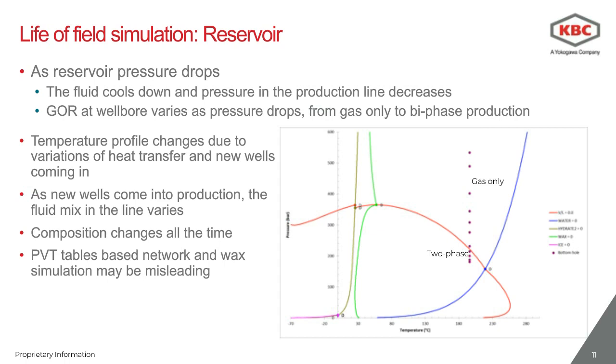The composition therefore will change all the time, and then the physical properties of the phases transiting along the flow line are going to change all the time. A simulation based on PVT tables with wax may therefore lead to perhaps wrong or misleading conclusions in terms of the estimation of the flow assurance problems that we're going to have.